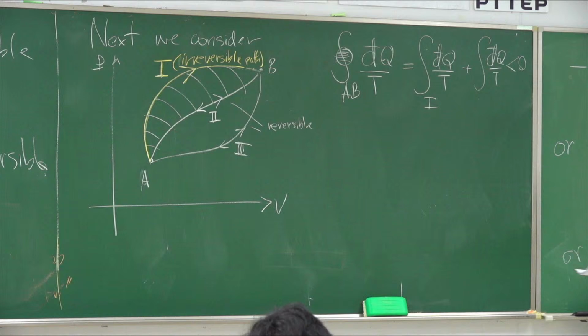With this statement, one can define the entropy of any state A like this, because you can say that you start from this state with zero temperature and you end up with this A, right?